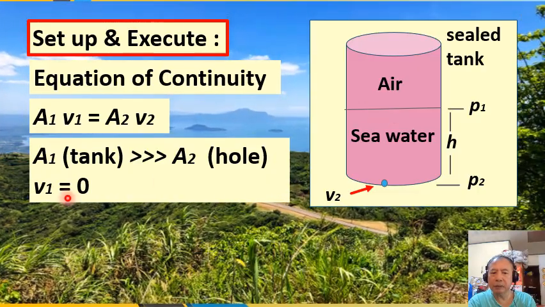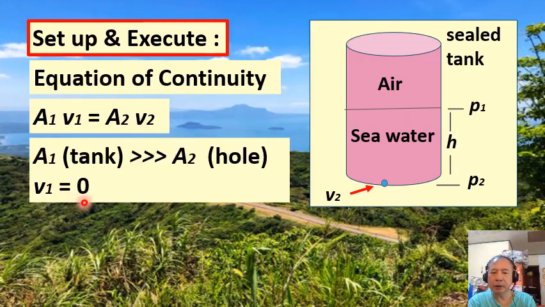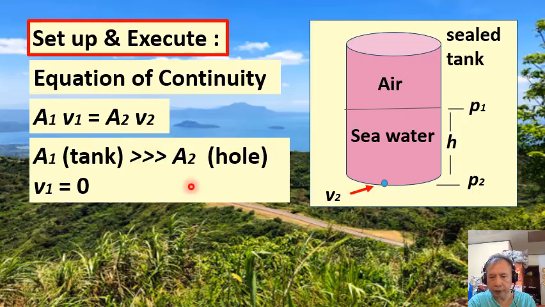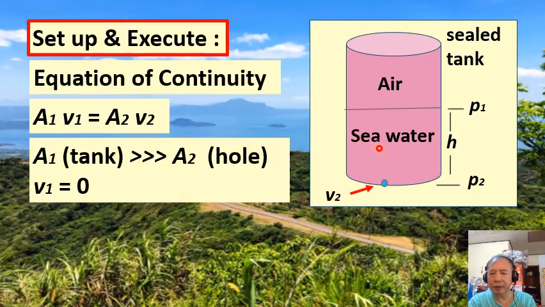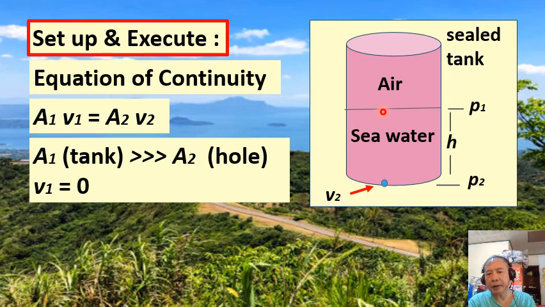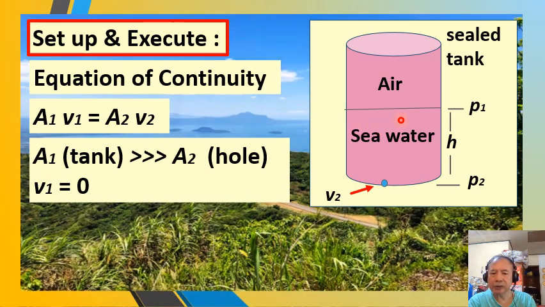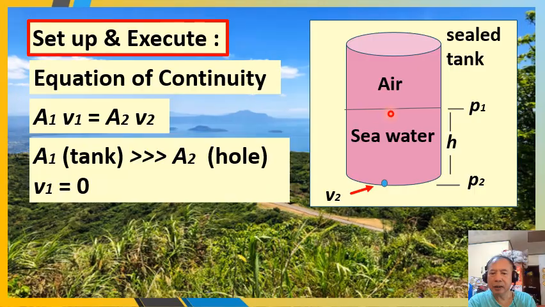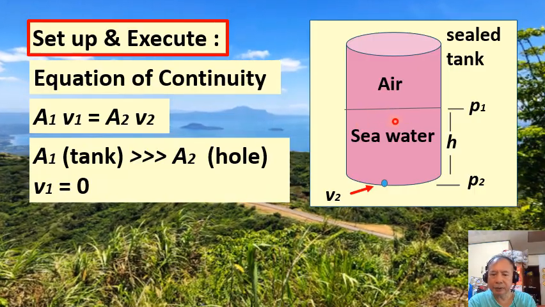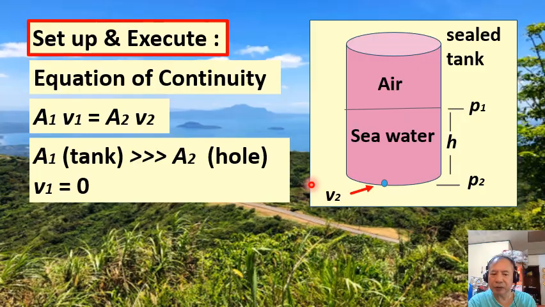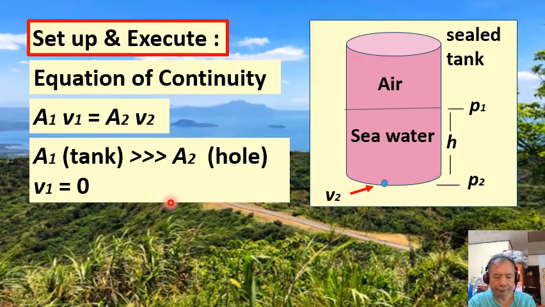That is the meaning of taking v sub 1 equal to 0, because of the large cross-sectional area of the tank, which is much, much greater compared to the cross-sectional area of the hole.